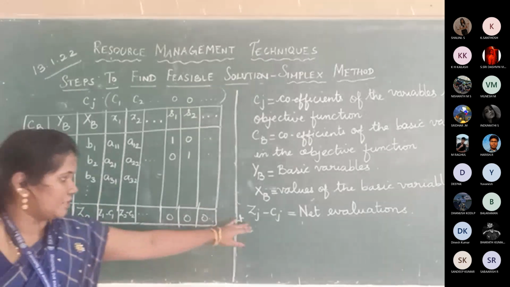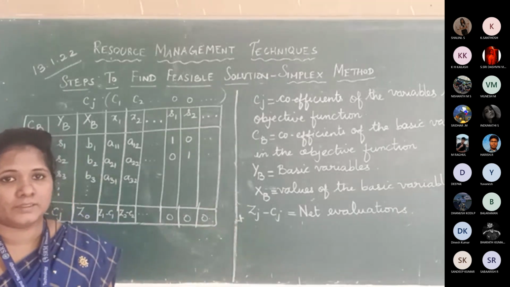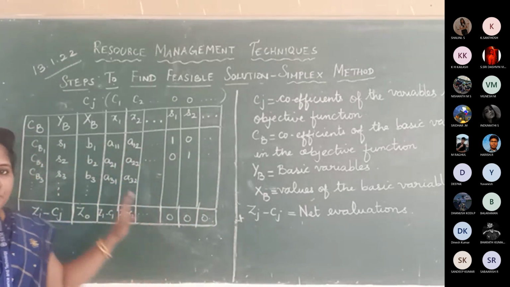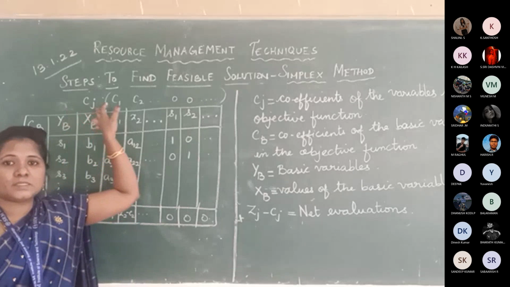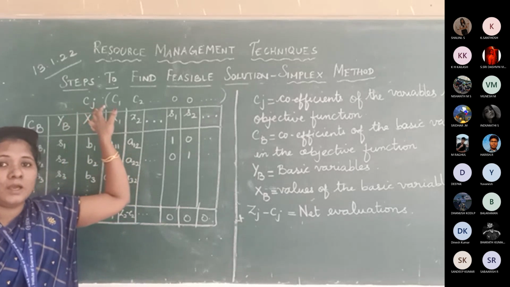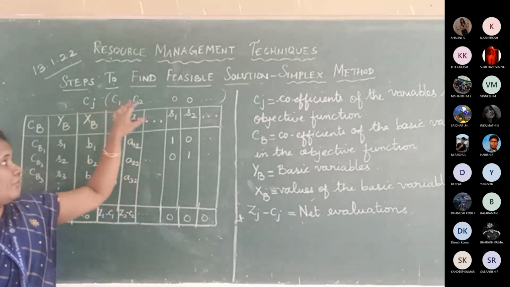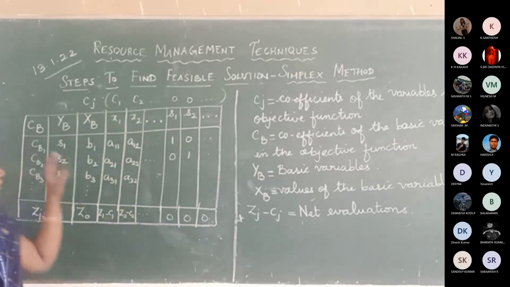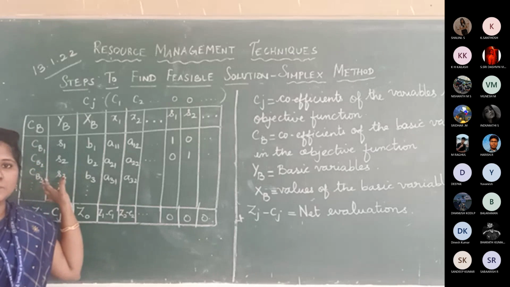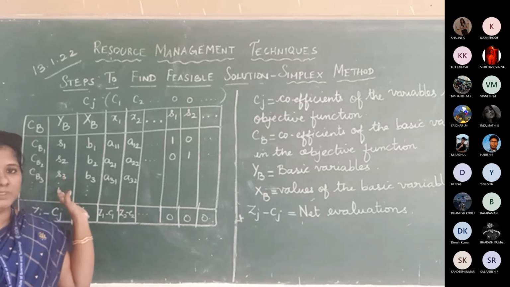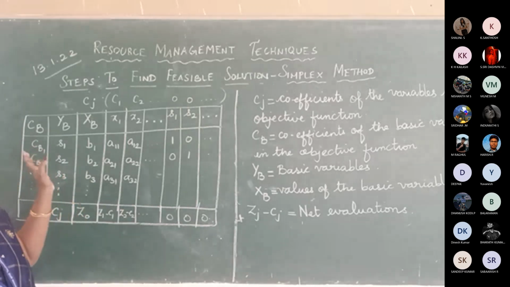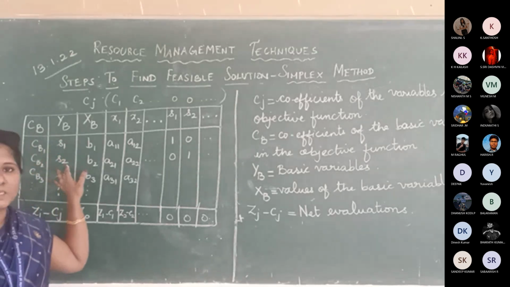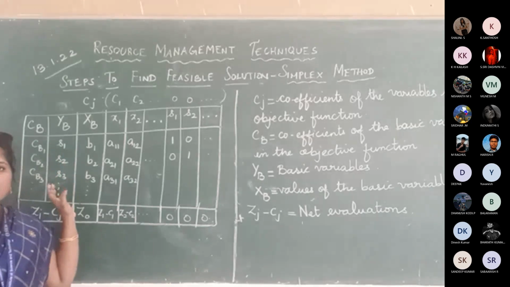Then I will tell you what your Zj minus Cj is and how you calculate it. So till here, did you understand how you are writing your tabular column? First step is to write your Cj. Cj is nothing but the coefficients of your variables. After writing your Cj, you have to write your Cb. Cb is nothing but the coefficient of your basic variables in the objective function. Then your YB. YB is your basic variables. How many terms have you found out?